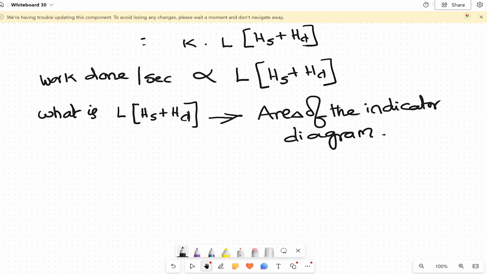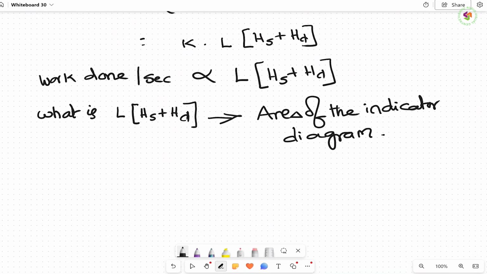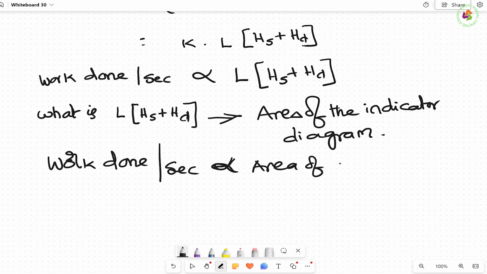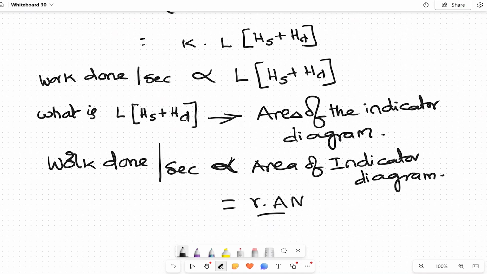So this is the significance. The area of the indicator diagram means the work done per second in the case of a reciprocating pump is proportional to the area of the indicator diagram. Or it is equal to gamma A N by 60 into the area of the indicator diagram.